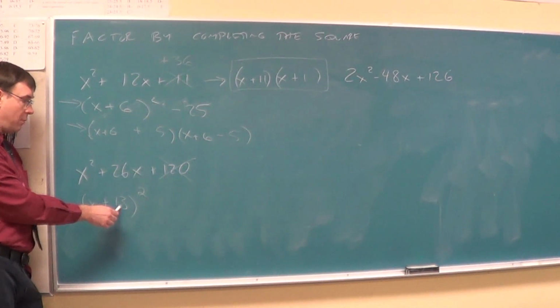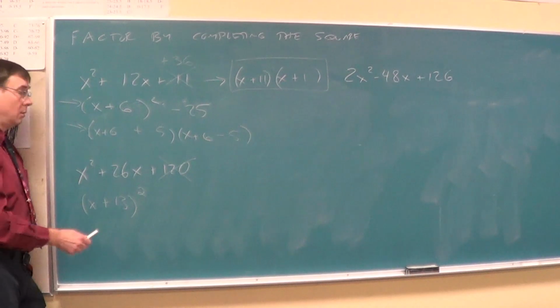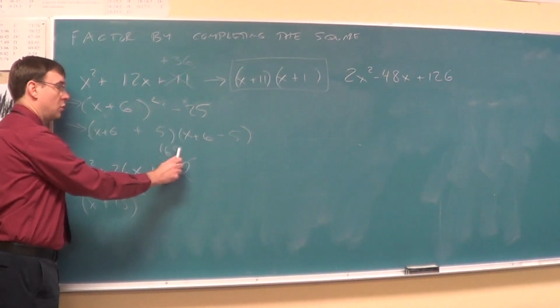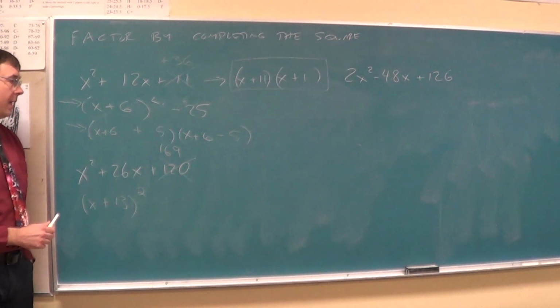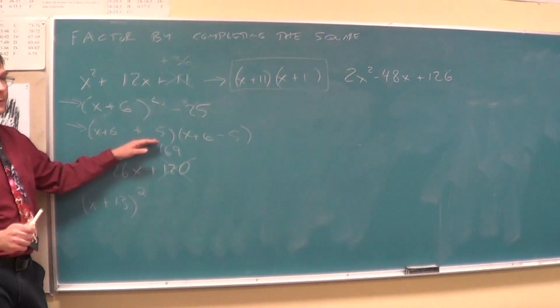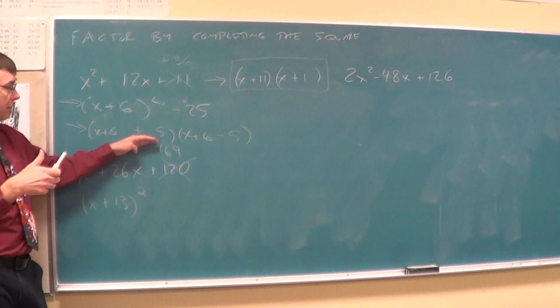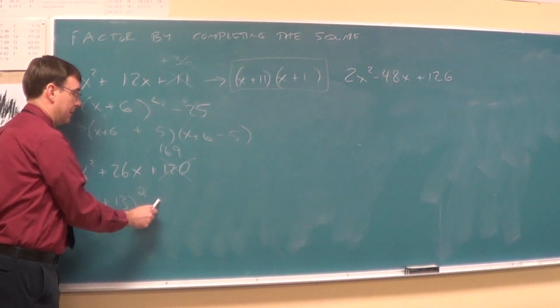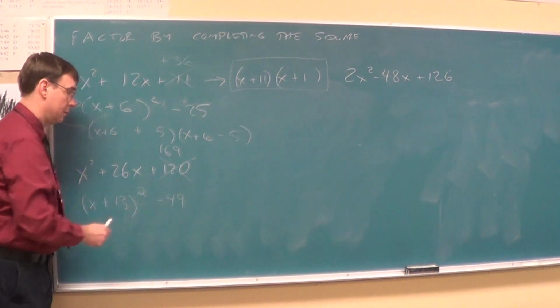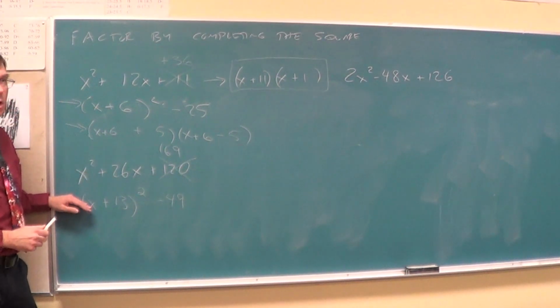So we need to figure out what 13 squared would be. 169. We'd rather the 120 be a 169, but we're going to have to make payment for that. We just went up by 49. So the only way it's legal to go up by 49 is to go down by 49. That's what makes this new.